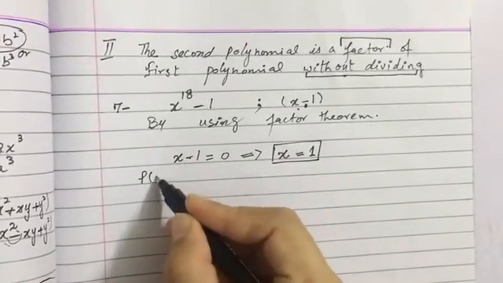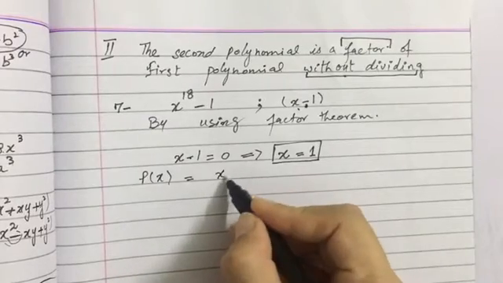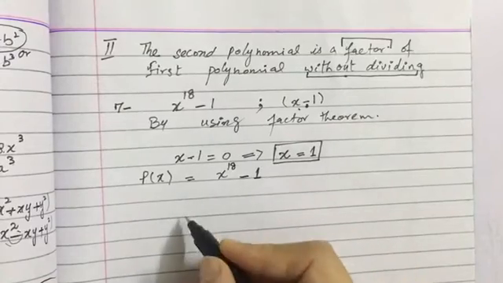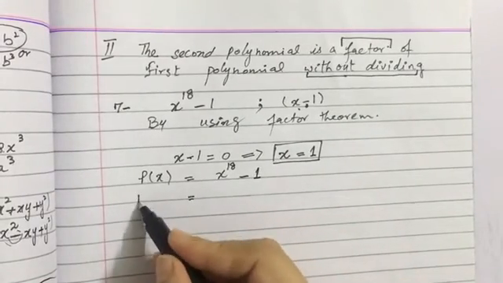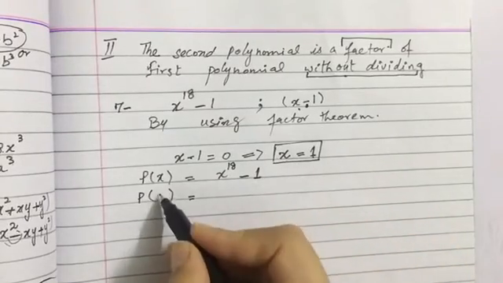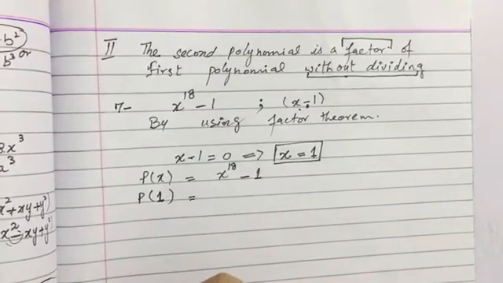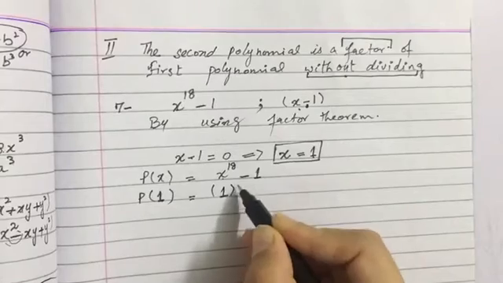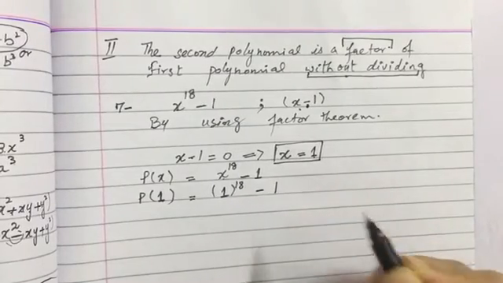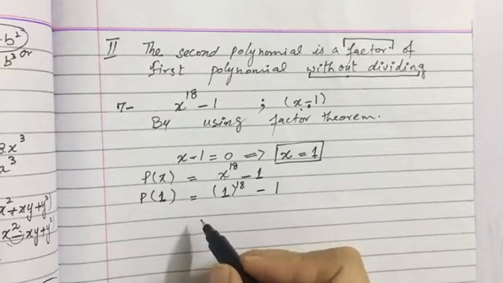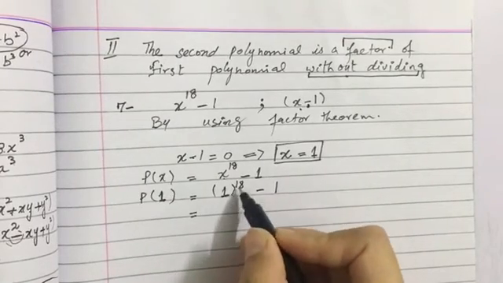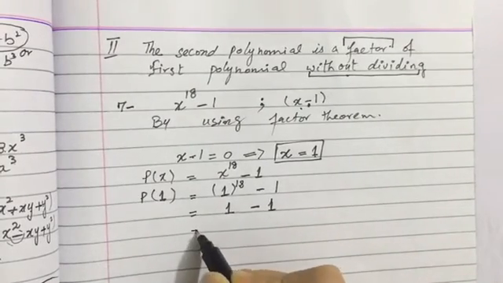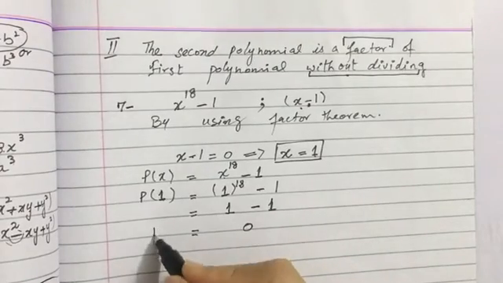Now p of x is x raised to power 18 minus 1. We will put the value of 1 in the first polynomial. P of 1 means we substitute x with 1. 1 raised to power 18 is 1, minus 1, and we have value 0.